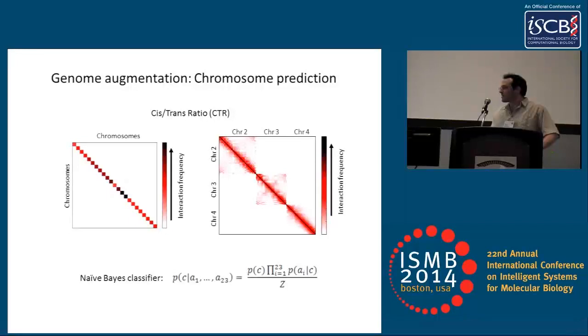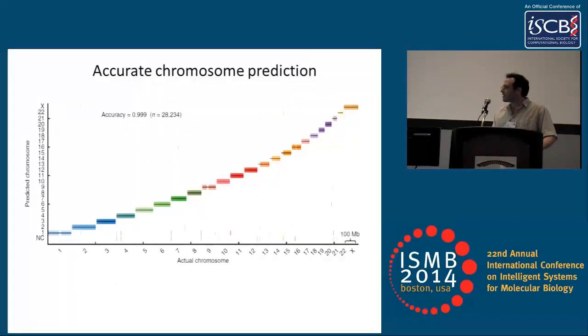So here we use just a naive Bayes classifier, and if you just look at the average interaction with each one of the chromosomes, you can build a classifier and you're going to get very good results. So what you see here is the result for the chromosome prediction. These are actual chromosomes versus predicted chromosomes. You have 30,000 contigs, and the contigs are lines, but you don't see them because they're all just stacked here. Okay, and the accuracy is very high, it's 0.999.